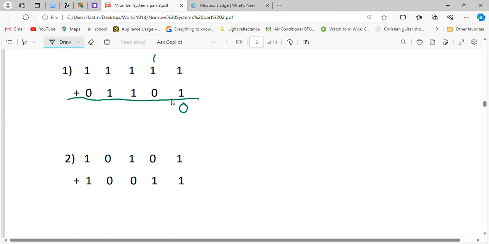Think of it as when you add two numbers and you get more than 10, you write the number outside. So 1 plus 1 gives 10, cross the 0, put the 0 here and the 1 that's with it.